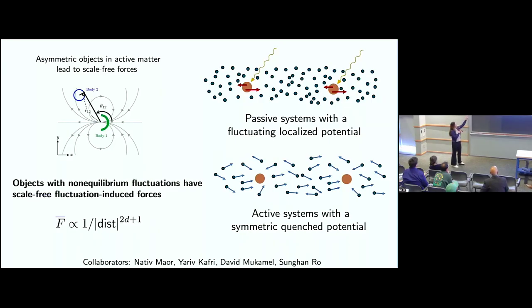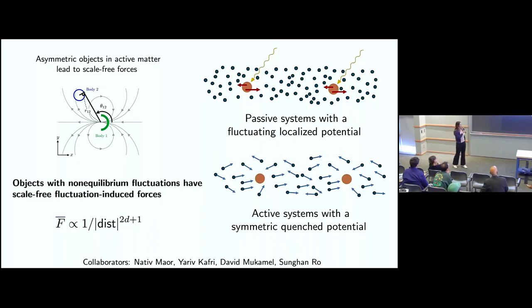So it's known that when you place asymmetric objects in an active bath, this can lead to scale-free density modulation and also scale-free forces between passive bodies in an active bath. And in our work, we study objects that are symmetric on average, but are allowed to have non-equilibrium fluctuations that lead to shape fluctuations that can give rise to instantaneous ratchet currents.